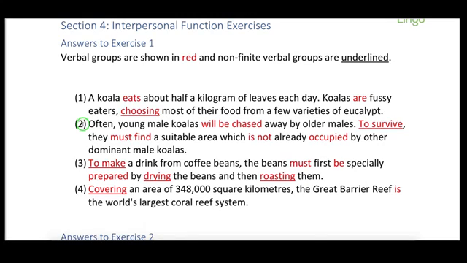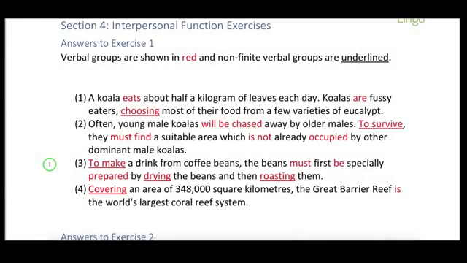Must find is a finite verb group. So is not, and so is occupied. Now, another thing that I need to mention, in this clause, it's clearly the past tense. Okay, so just watch out because the past simple and the non-finite past participle form often look the same.